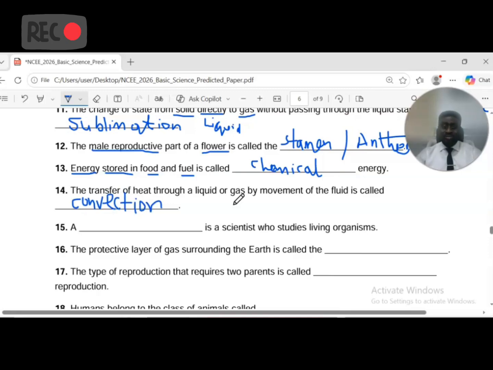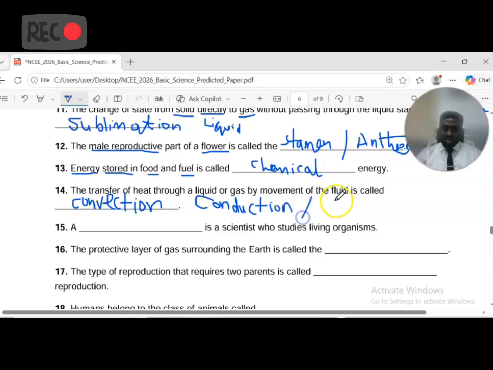This topic is treated under physics in the strands of science. So when heat is transferred through liquid or gaseous molecules or particles by the movement of their fluid, it is called convection. While conduction, on the other hand, is when heat is transferred through the molecules or particles of solids. It's majorly in solids, conduction.